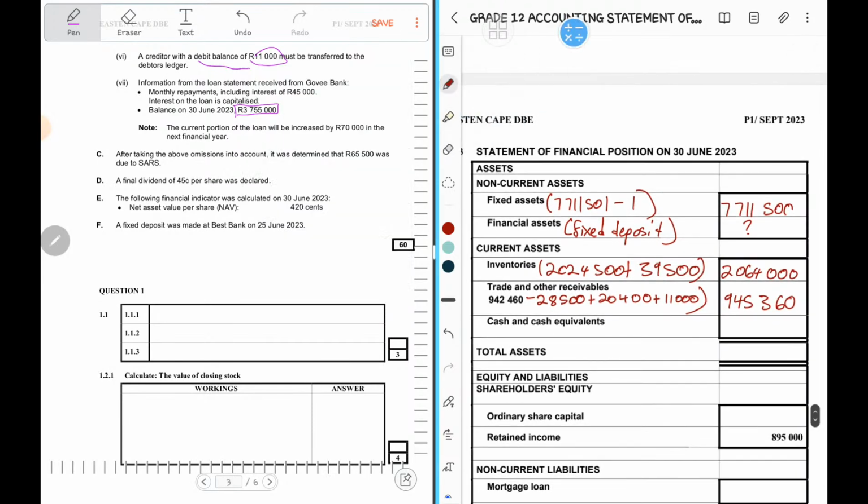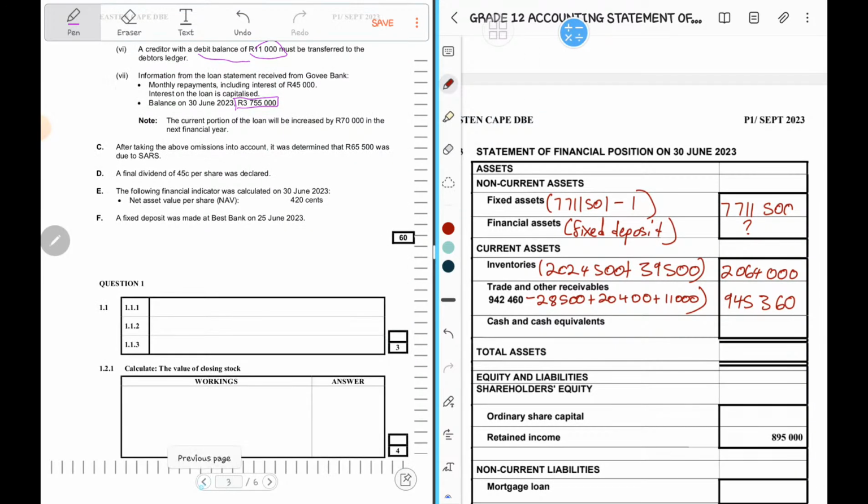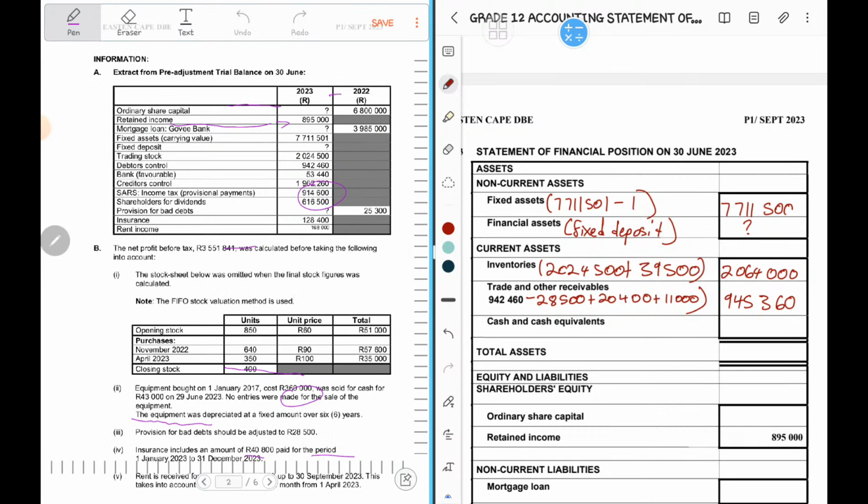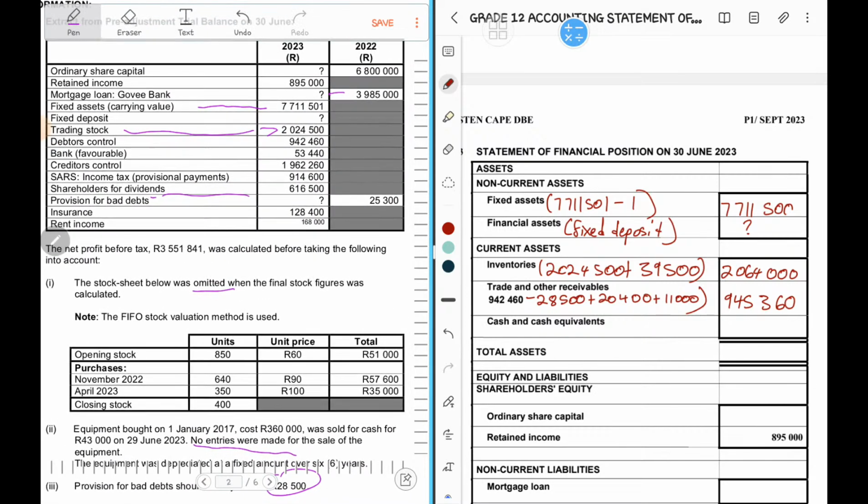Okay, then let's resume. Now under cash and cash equivalents, we want the bank that is favorable, we want the petty cash, we also want the cash float. So let's see what is given to us. We are given the bank, and they are saying it's favorable, meaning that it is a debit bank balance. So here we're going to say 53,440.